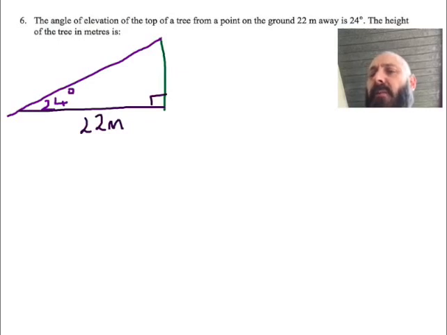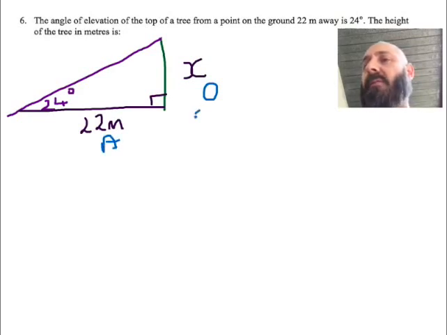So if I want to label my sides, I better put my x in first. The height of the tree is the unknown, and then I can label my sides. So that would be the opposite side, and this one over here would be the adjacent.